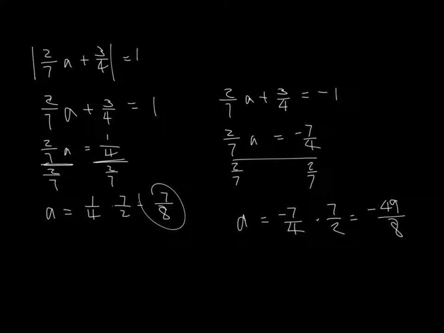Alright, let's do one like number 44. So we have the absolute value of 1/10 x minus 1/2. I'm trying to do some of the harder ones. Okay, so we're going to take the absolute value signs off.